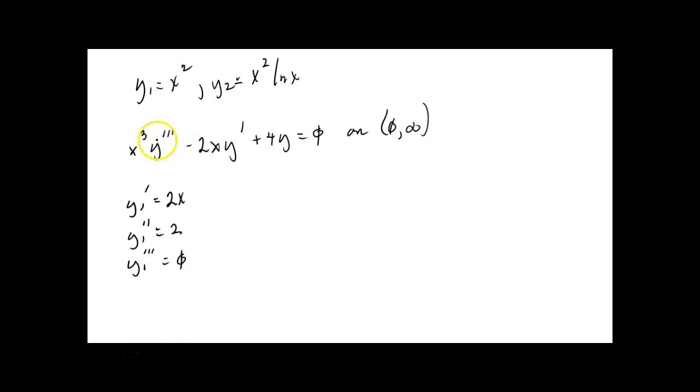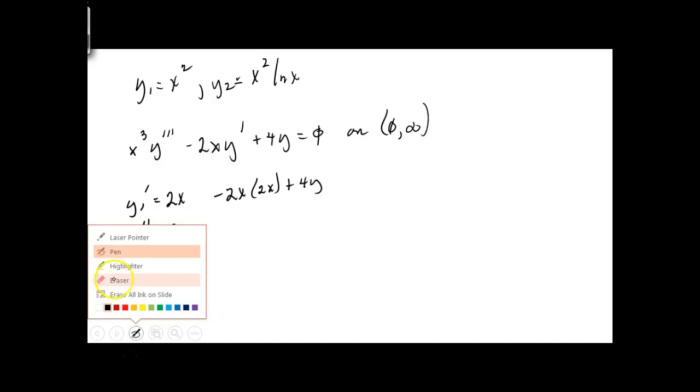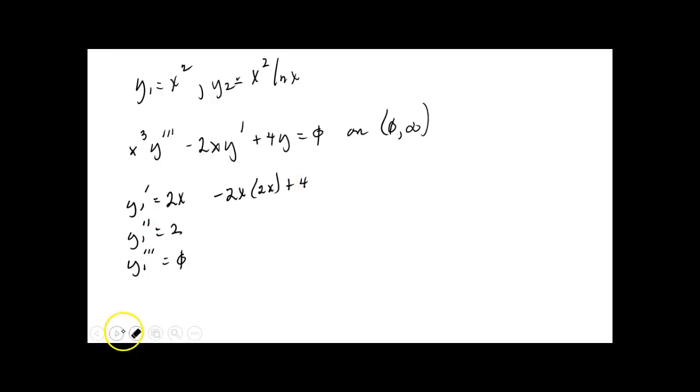That'll be x cubed times 0, which is 0, minus 2x times y prime, which is 2x also, plus 4y, but y is x squared.